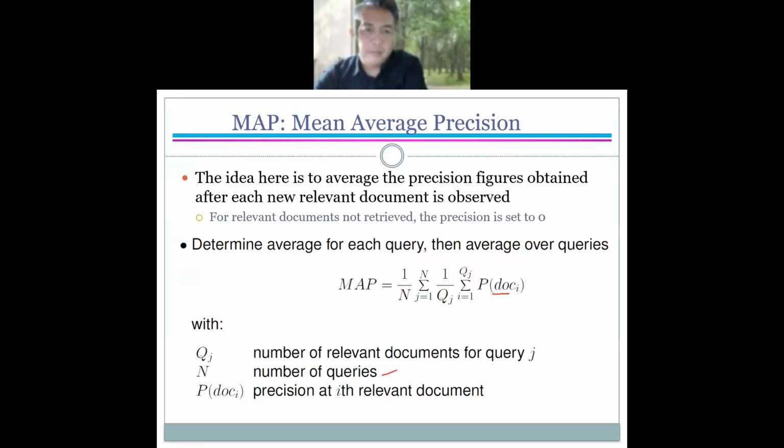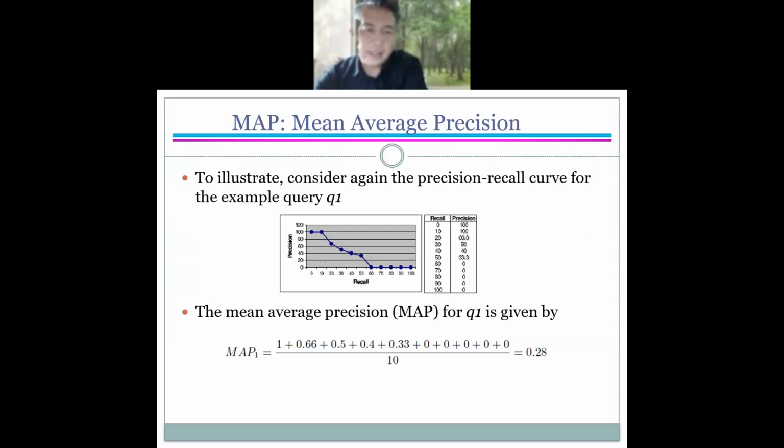So the area under the curve can be calculated here. In the first query we have 10 documents. What we need to do is add up all the precision values that we have.